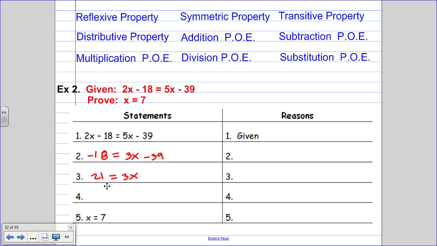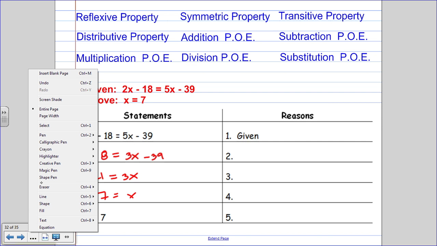And then from this stage, I would have to divide both sides by 3, and I would have 7 is equal to x. Now, I could leave it as 7 equals x, but I want it to read x equals 7, so I can simply switch it around. It's okay. It's logical. There's a property that backs me up.